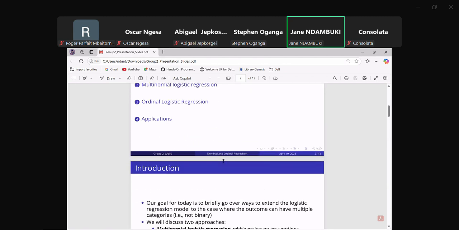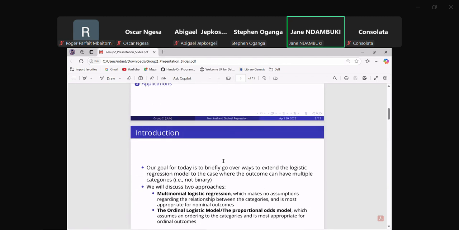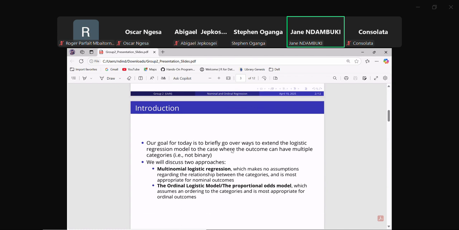So we start with an introduction. Nominal and ordinal regression is just an extension of logistic regression, whereby the outcomes have more than 2 categories. That is, it's not binary. We have 2 approaches.